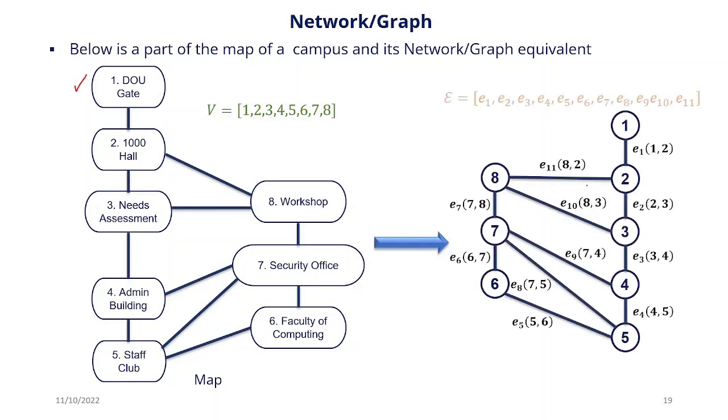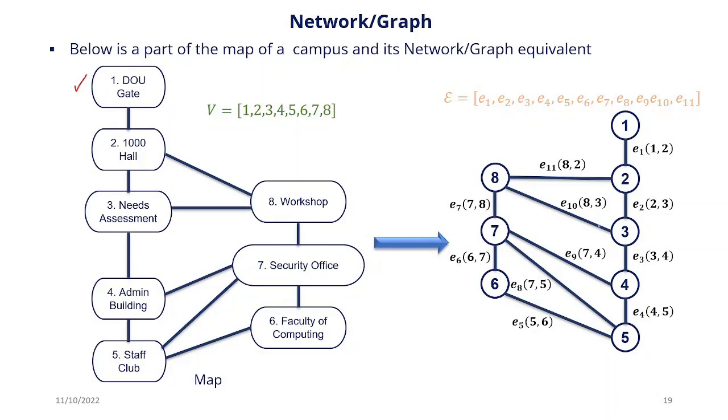You can see that the diagram on the right hand side looks like the diagram on the left hand side, but it's like it has been flipped. It has been transformed laterally. Actually, when you transform maps or ideas or events or situations to graphs, the physical structure of the network or graph is not unique.